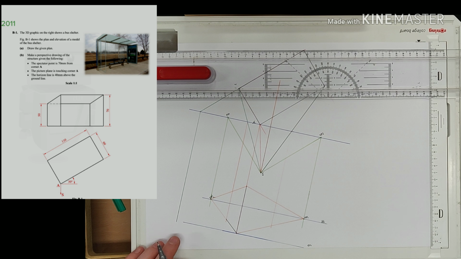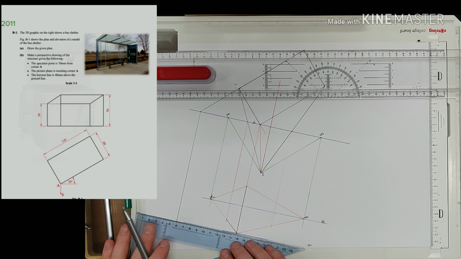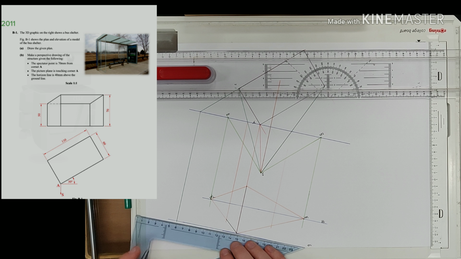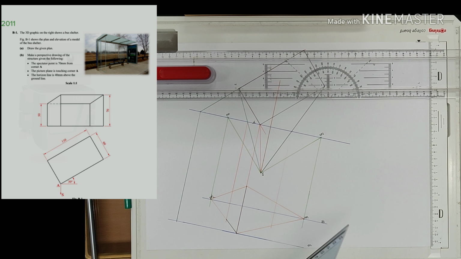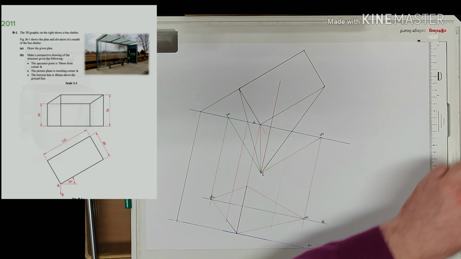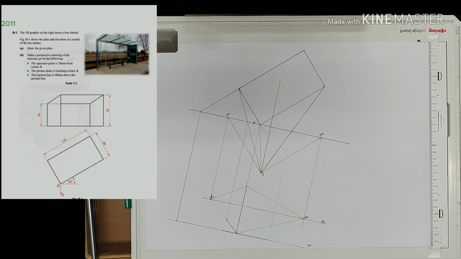Okay, so now I extend my ground line that wee bit further. Catch it. And I know from looking at my elevation that the measurement I need to go up is 50 for the back of the bus stop.